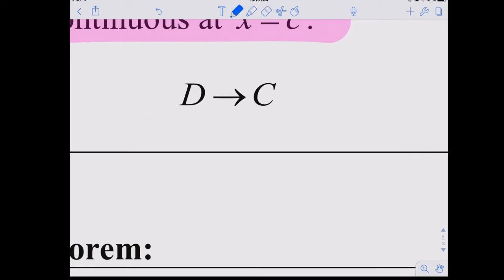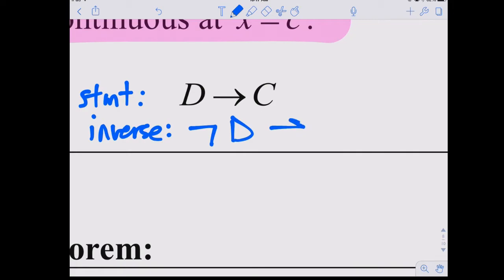Now let's look at some of these statements that you had in geometry. This is called an if-then statement. If D, then C. If it's differentiable, then it's continuous. You had something called the inverse of a statement. Do you remember what the inverse was? What the inverse does is it keeps the if-then order the same. It just negates both of them. So if not D, then not C. So we can write that like this.